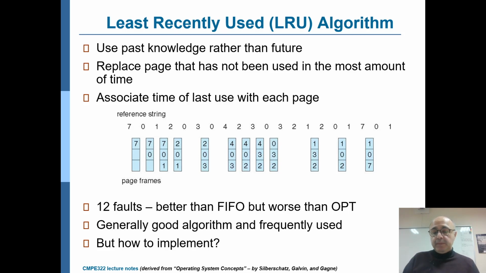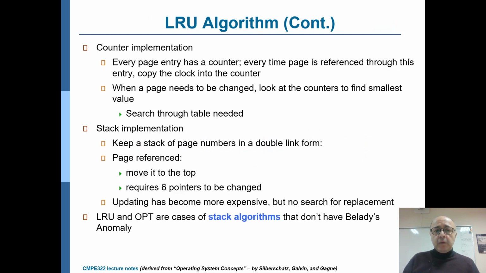But how do you implement the least recently used algorithm? One possible implementation is, with each page you have a counter, and whenever you access the page, you store the time in that counter. So you copy the clock into that counter.